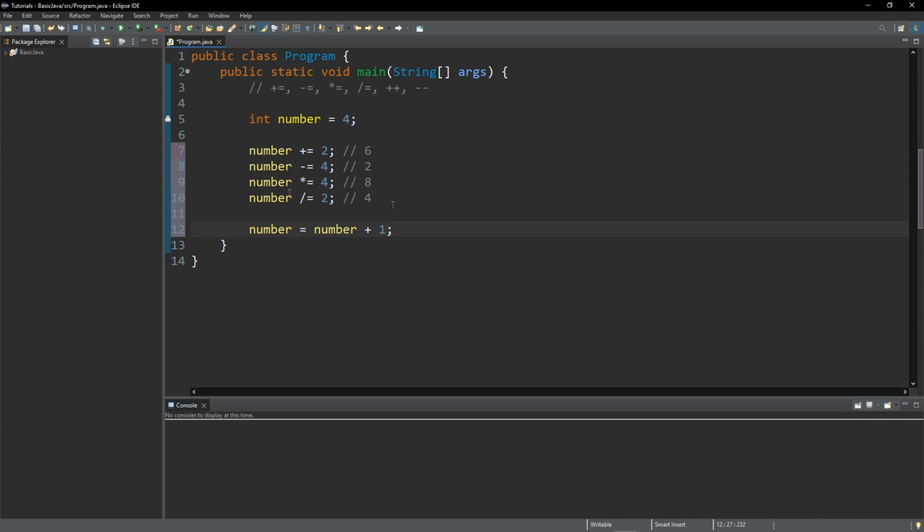So it's taking something this complicated and breaks it down to this. So now 4 becomes 5. And if you do it again, it's now 6. If you do it again, it's now 7.